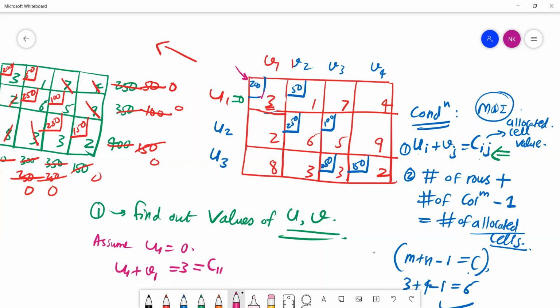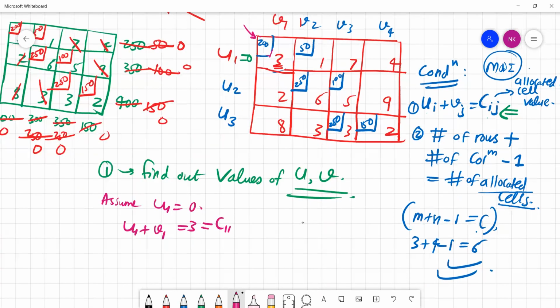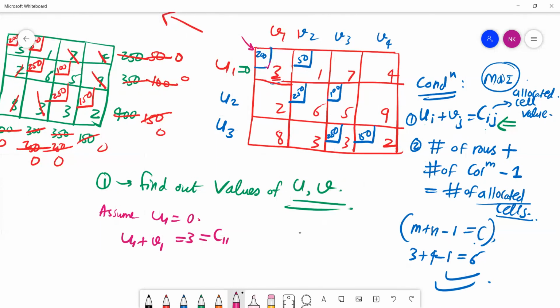Now we have just assumed U1 to be equal to 0. So this will be 0 plus V1 equal to 3. That implies V1 equal to 3. So we have found out the value of V1 to be equal to 3. So simply write in this particular place V1 equal to 3.